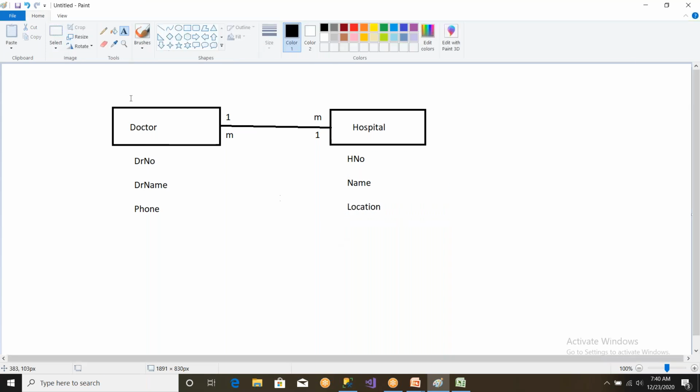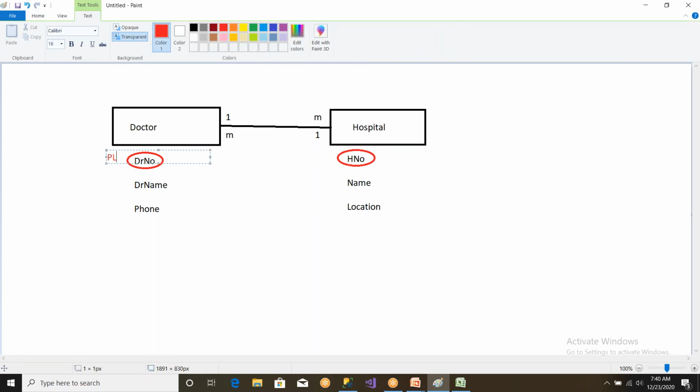Which is the primary key? Doctor number and hospital number together are the primary key. So this is the primary key, and this is the primary key, and it is completely a many to many relationship.